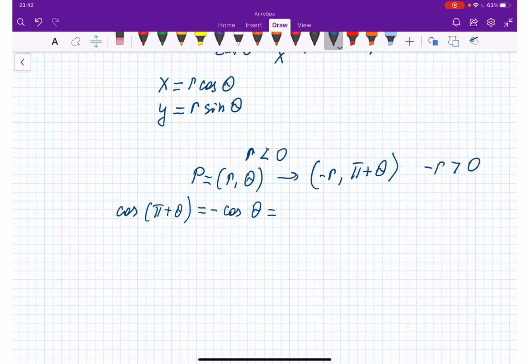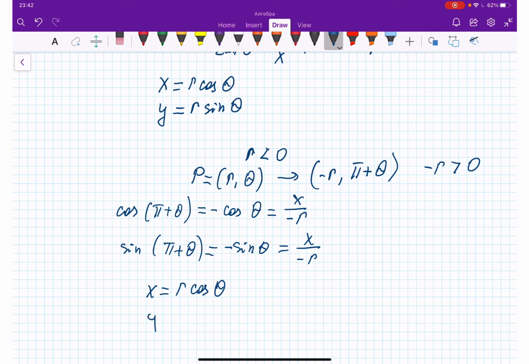Then we can say cosine of pi plus theta is equal to x over negative r. And sine of pi plus theta is equal to negative sine theta, which is going to be equal to y over negative r. So this way we have x equal to r times cosine theta, and y equal to r times sine theta.